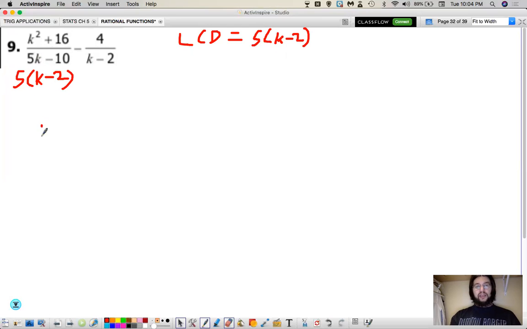So just keep it as is. I don't need to multiply this by anything. What's this one missing? A 5. Multiply that by 5. That's a negative, so minus 20. If you need to do it in multiple steps, that's fine. Do what you've got to do.